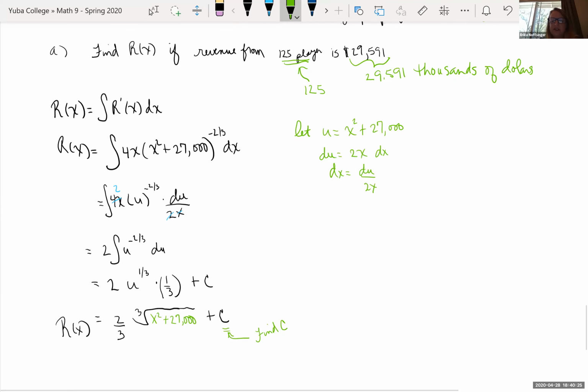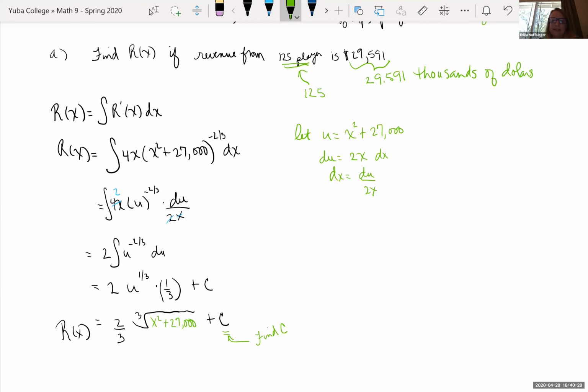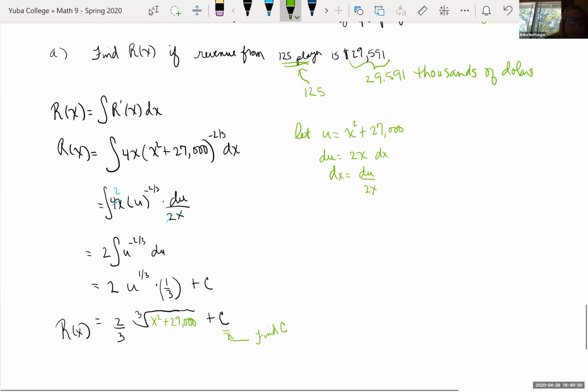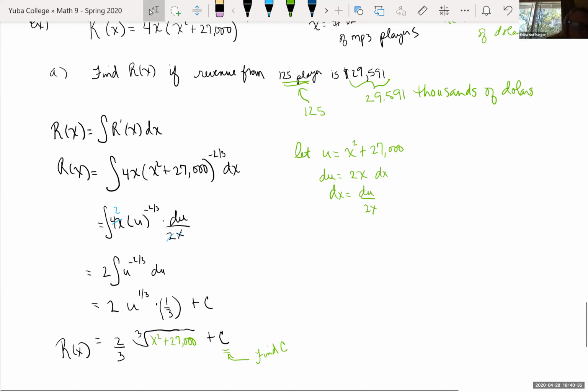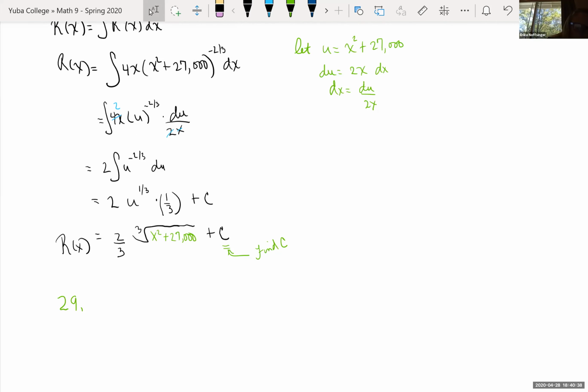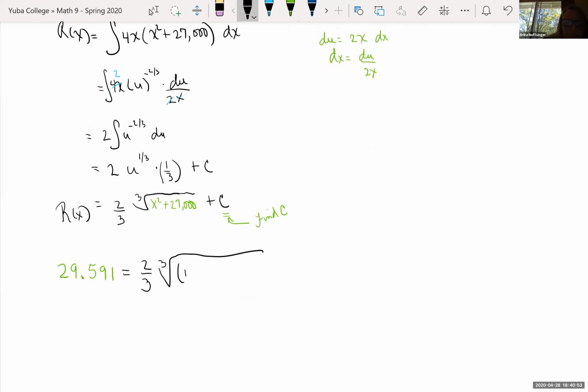We want to plug in those values so that we can figure out what C is. So 29.591 is equal to 2/3 cubed root, my x value was 125, so 125 squared, plus 27,000, plus C.